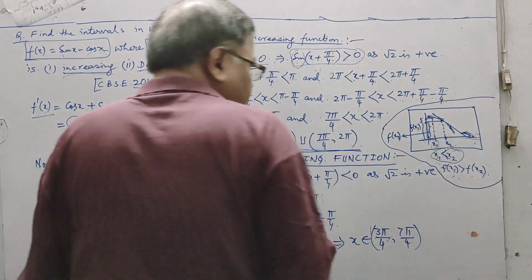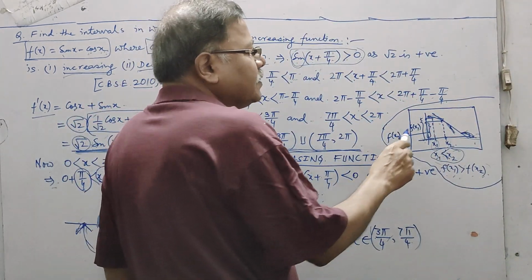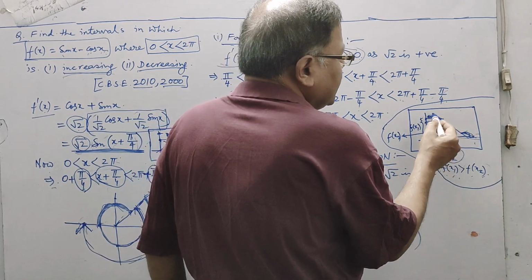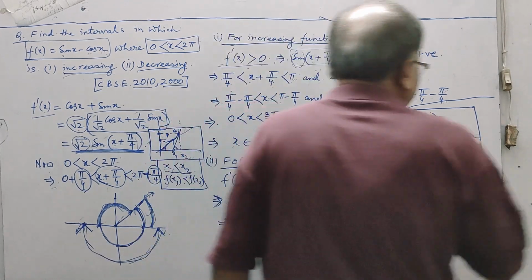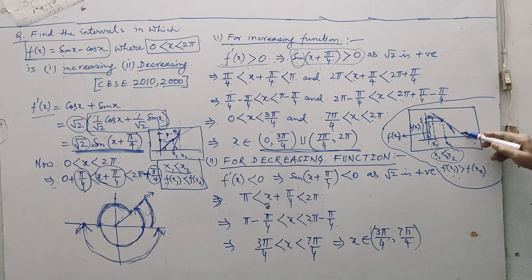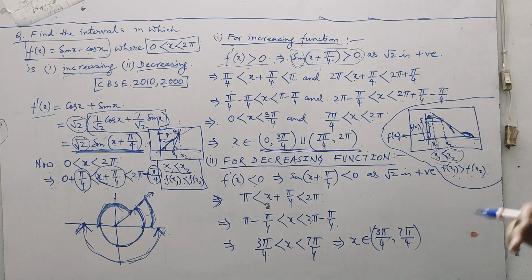The same thing is not happening over here. As you see in the diagram, if we draw any tangent at any point along this curve, that tangent is forming an obtuse angle with the x-axis. Whether we are drawing a tangent at this point or this point anywhere, we will find the tangent always forms an obtuse angle with the x-axis.